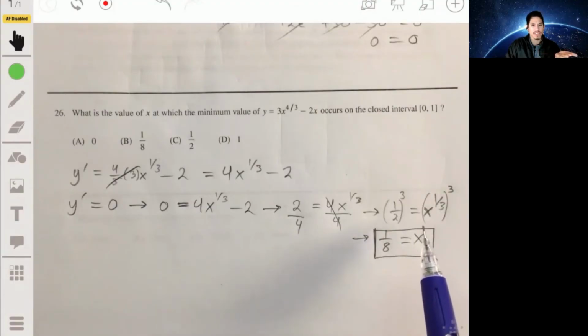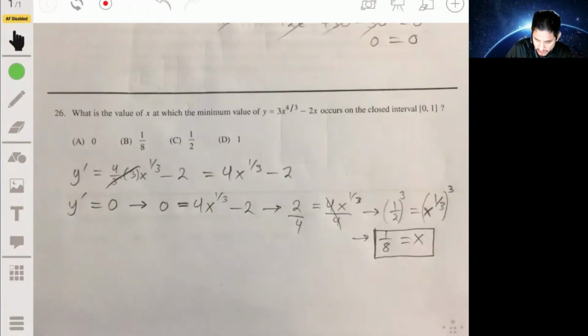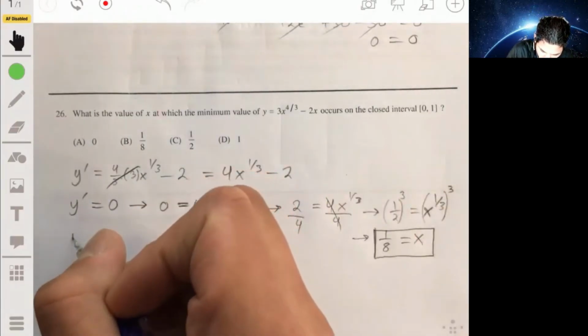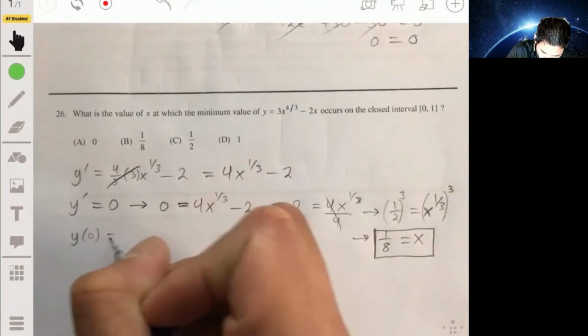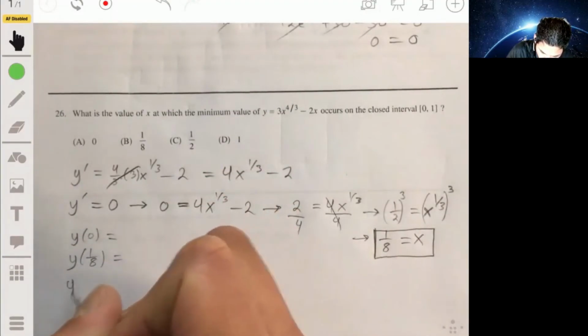Or you could see if the second derivative at 1/8 is concave up. So there's a couple different ways to do it. So let's just compare y of 0 with y of 1/8 with y of 1.